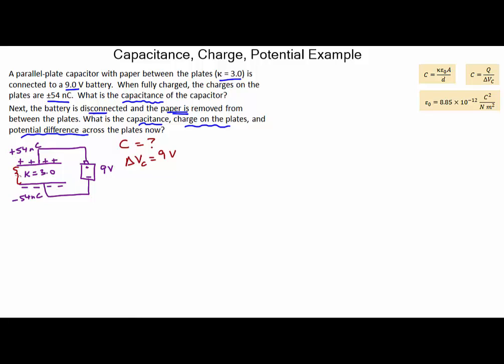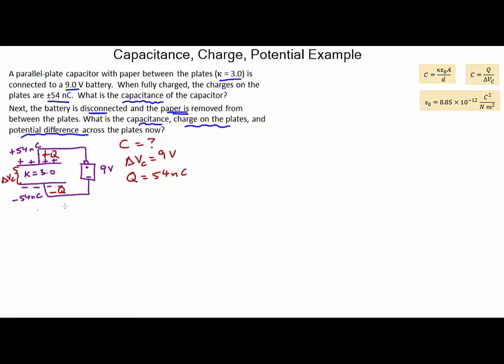Remember, when a capacitor is fully charged, the delta VC, which is the potential difference across the plates of the capacitor, will become equal to the potential difference of the battery that was doing the charging. And we're also given Q in this case, and that's 54 nanocoulomb. Remember, the positive plate has a charge of plus Q, the negative plate has a charge of minus Q, so this Q value is simply the number part of the charge without the sign.